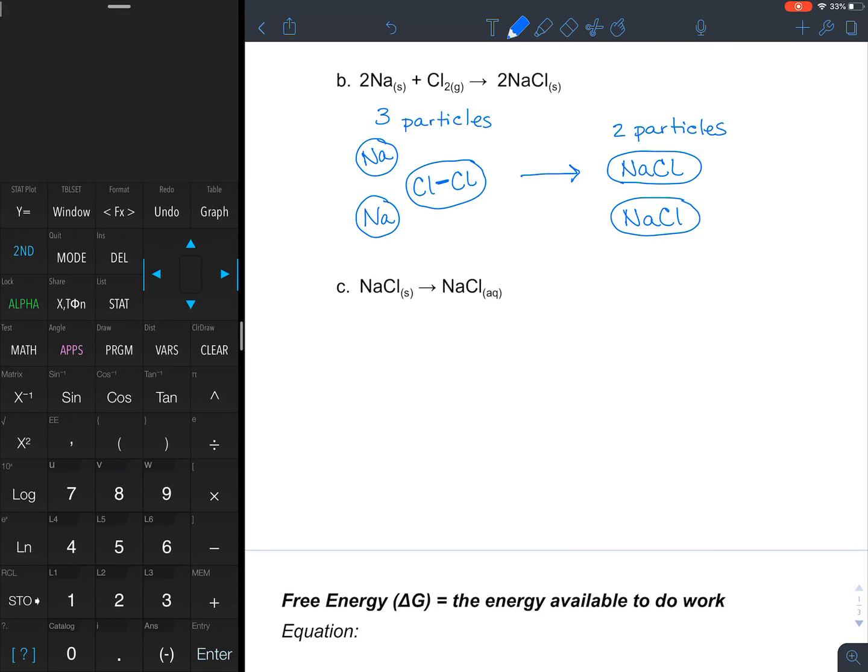The other thing that we can look at is this one here is a gas, and so we go from having a gas to no gas. And so there's a couple different ways we can look at that. Because we're reducing particles and we're reducing the amount of gas, this is actually going to decrease entropy, or a negative delta S.